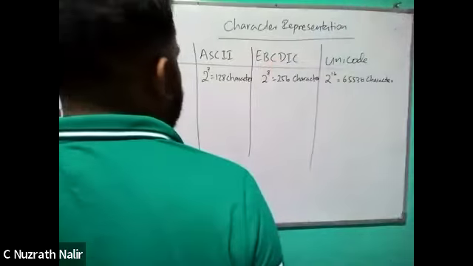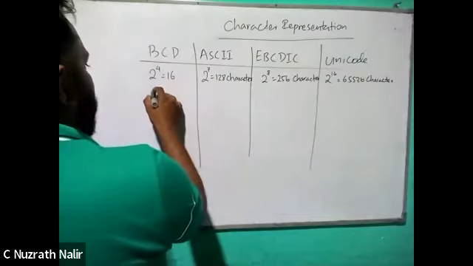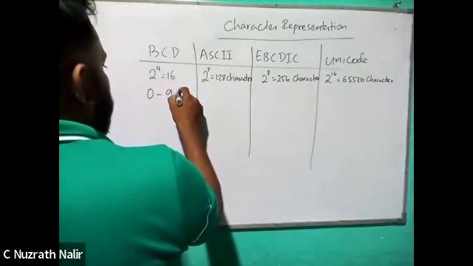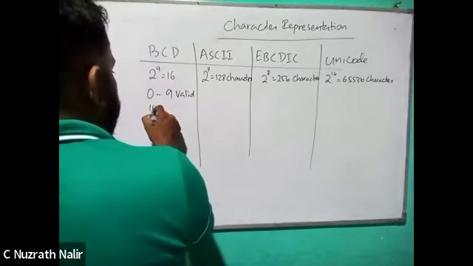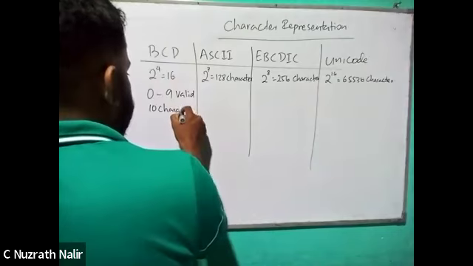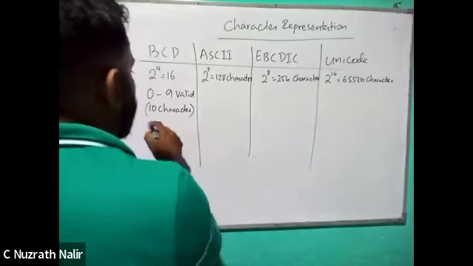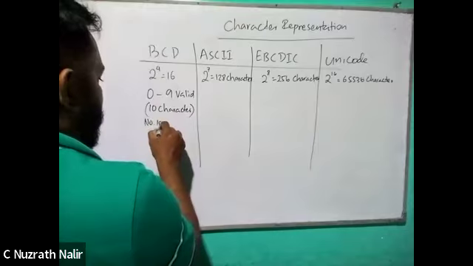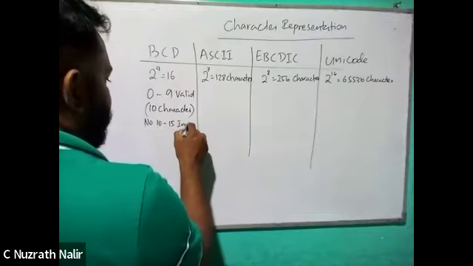Okay, this is the first difference. And the second difference, my dear students: here there are only 0 to 9 valid numbers. Valid means 10 characters are valid. The remaining, number 10 to 15, are invalid.